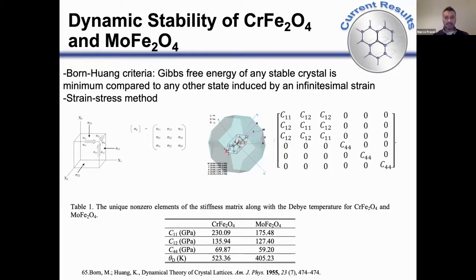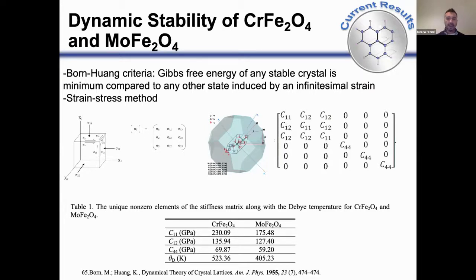Now, in general, the elastic tensor is a 6x6 matrix, but in some cases, due to symmetry, we can reduce the number of elements in the matrix. In this case, we only have 3: the C11, the C12, which is symmetric to the C21, and the C44.